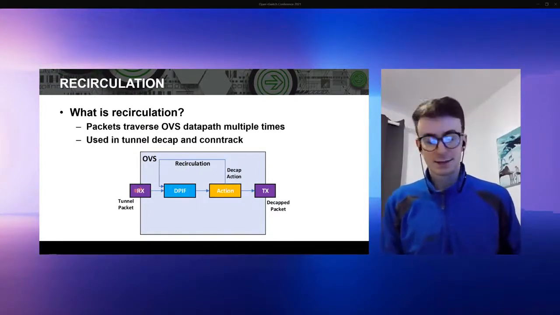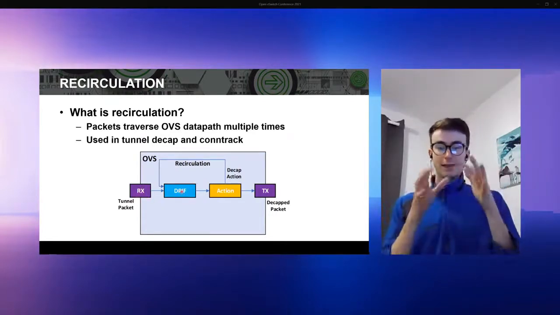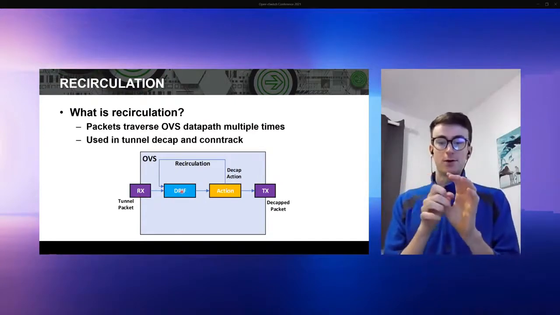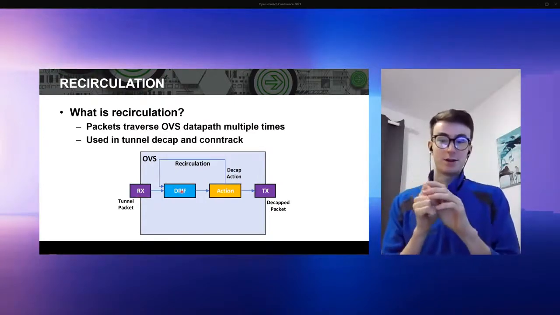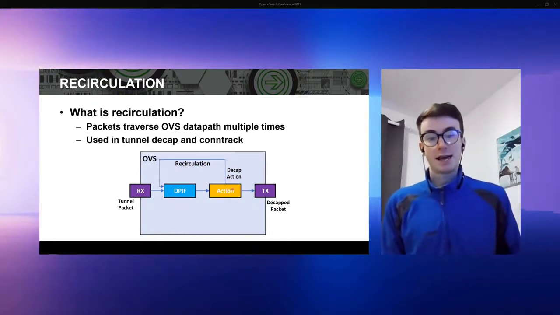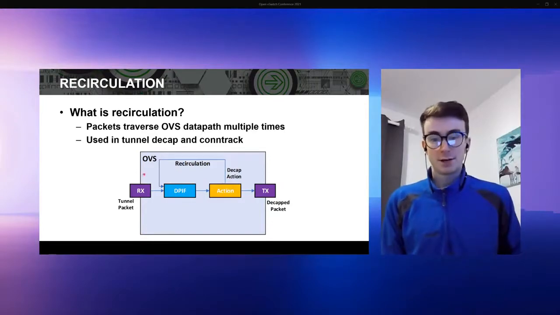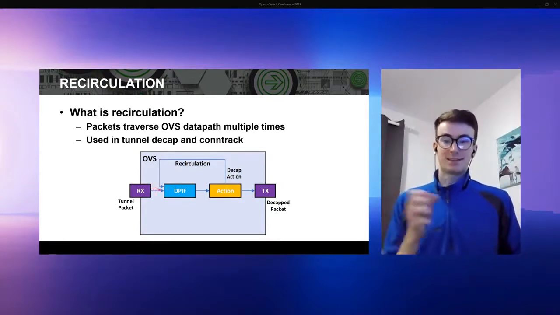So in this case, for let's say tunnel decap, we receive a tunneled packet, it passes through the DPIF, and we're looking at the outer header or the outer protocols in the tunnel header. And then we find that we want to decap this tunnel header, and we do that, and then we recirculate the packet. We pass it through the DPIF a second time.